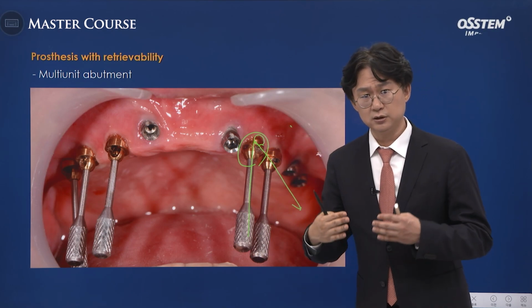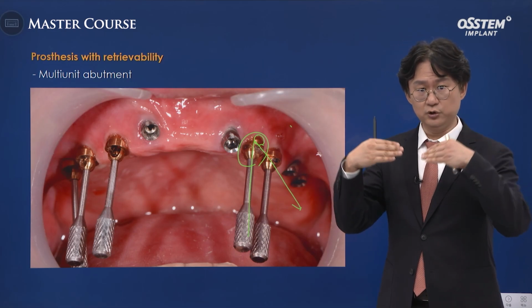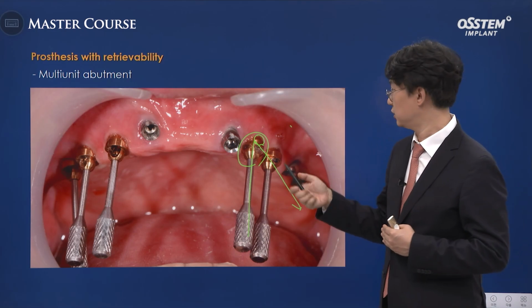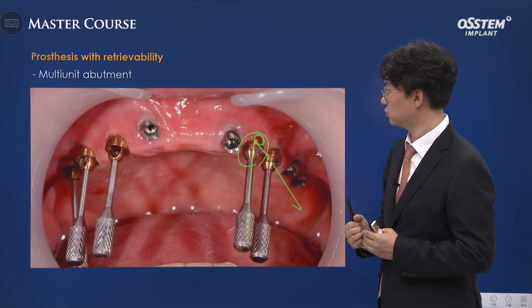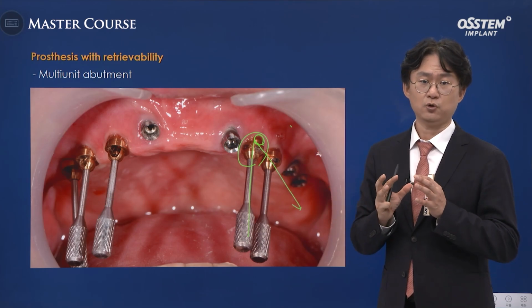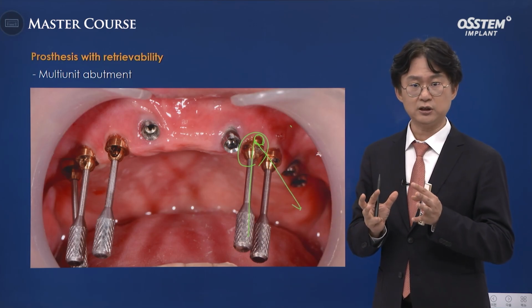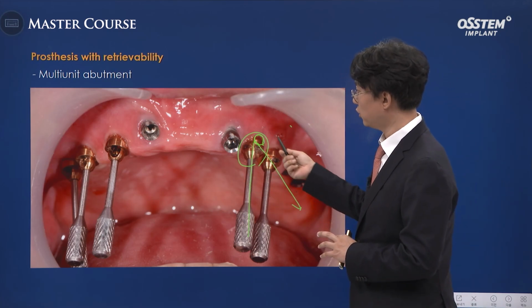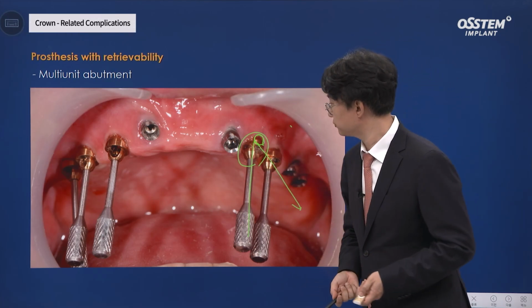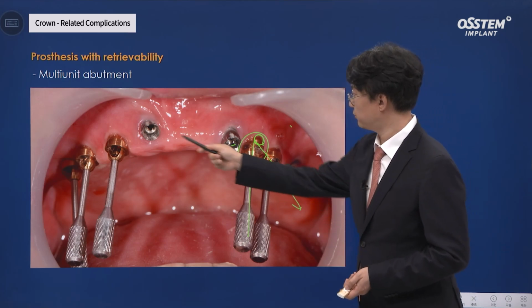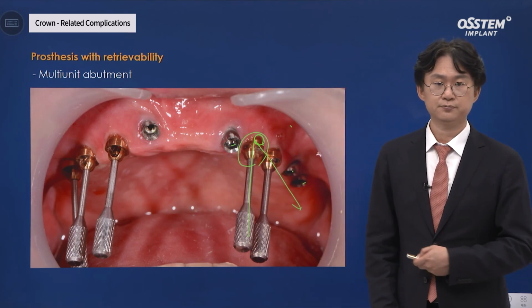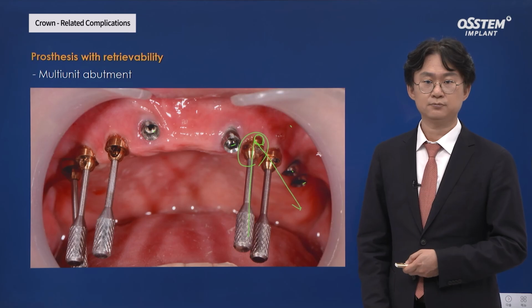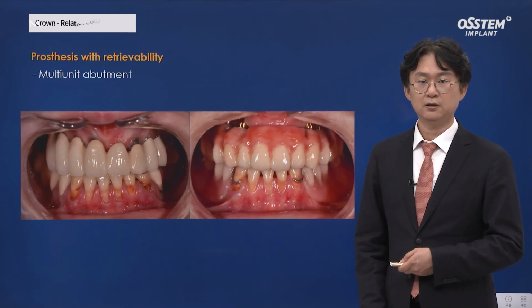And in the process, the metal color is showing. If the smile line is high, it will be a problem, but this is not a problem for this patient. Rather than that, if a prosthetic problem occurs at any time, retrievability would be more important, so angled multi-unit abutments were used. These implants were decided to be removed.